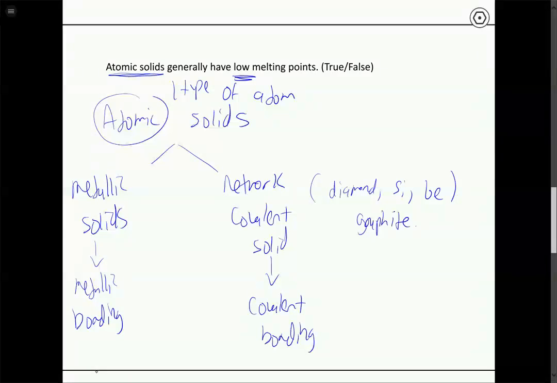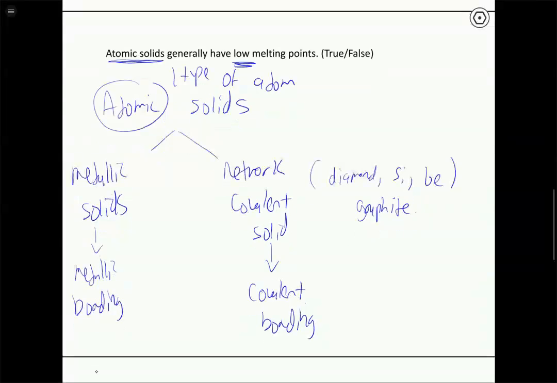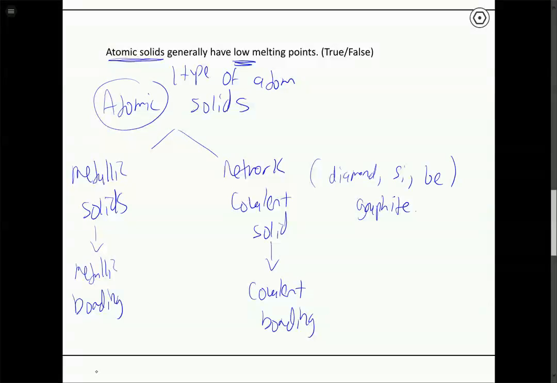Metallic bonding in the case of metals, covalent bonding in the case of the nonmetal network covalent. So both classes of atomic solids are going to have moderate to high melting points. Metallic solids tend to be a little bit lower, but in general you're going to have moderate to high melting points. So atomic solids generally are going to be moderate to high, so this is also a false statement.